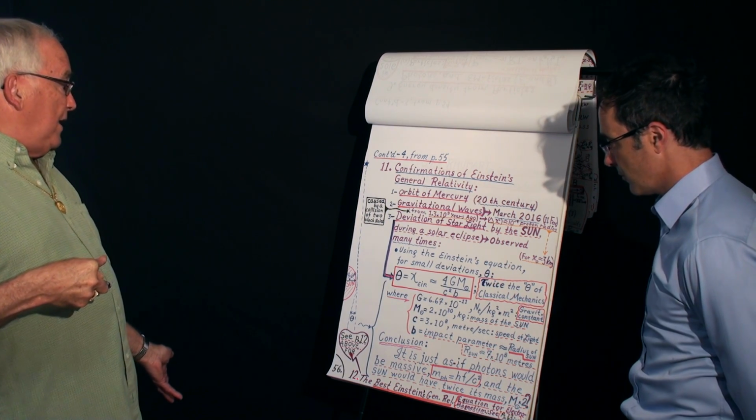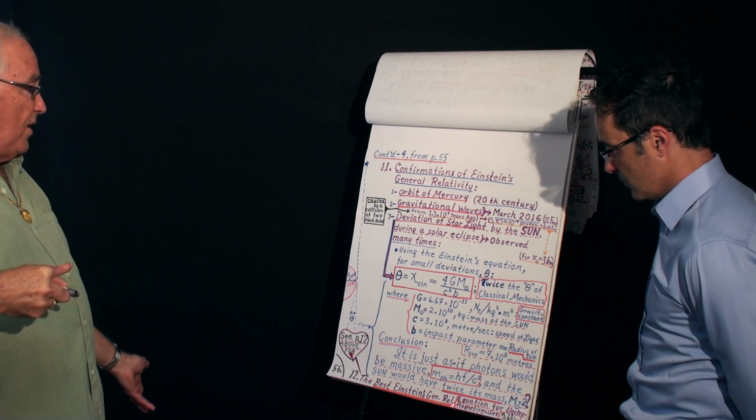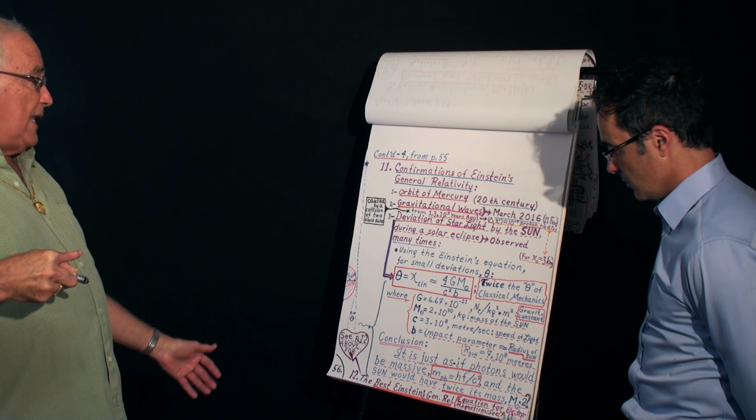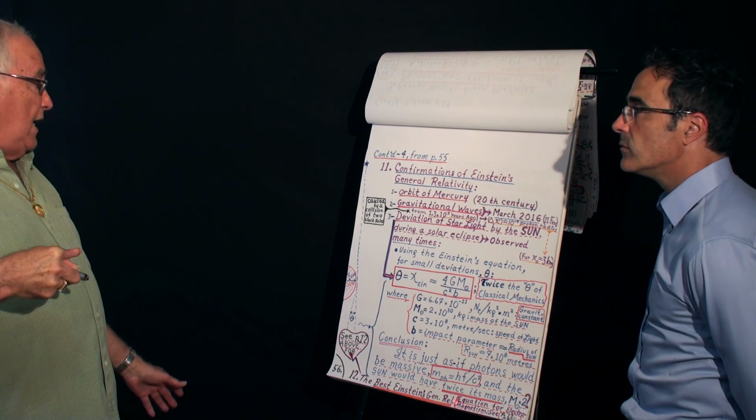That's it. And the best Einstein general relativity equation for electromagnetism is what I talk about on page 12.